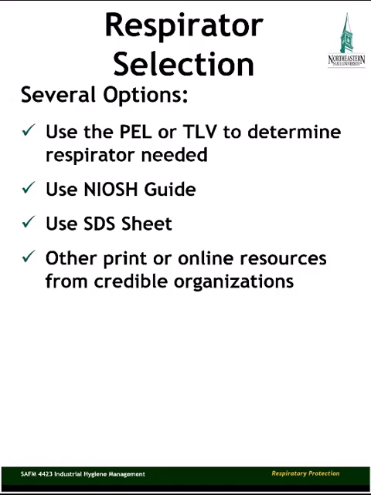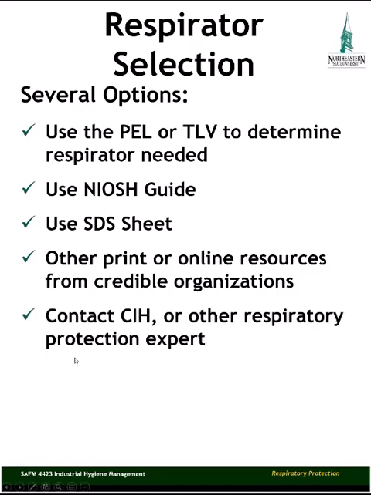You're going to have to look at other print resources or online resources, and make sure you're choosing credible organizations. Make sure the information you're getting is from a credible organization. Now, we'll talk about these 4 methods as we go along. And I'll give you some example respiratory selection problems that utilize all 4 of these different methods.